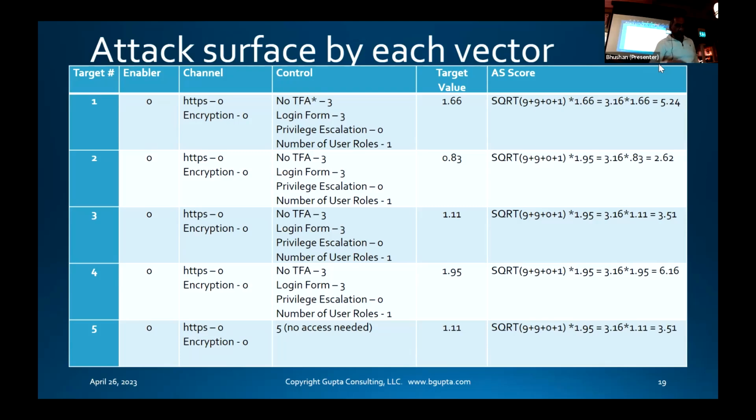I'm using this when I come in, when I log in. I'm using a login form, which can be subject to SQL injection. Okay, so I would just put a value of 3. Even if I go into the system, I cannot escalate my privilege. And even if I do, it will not buy me a whole lot.